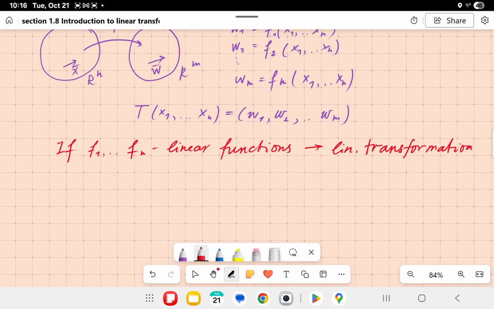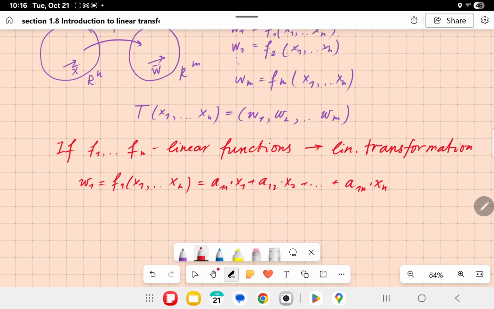So I'm going to write down w1 equals, and instead of function f1 of x1, I'm going to just write down an expression for this function. It's going to be some coefficient, a constant coefficient, multiplied by x1, another coefficient multiplied by x2, and so on until we reach the last coordinate. So why is this linear? What we have is like an equation of a line.